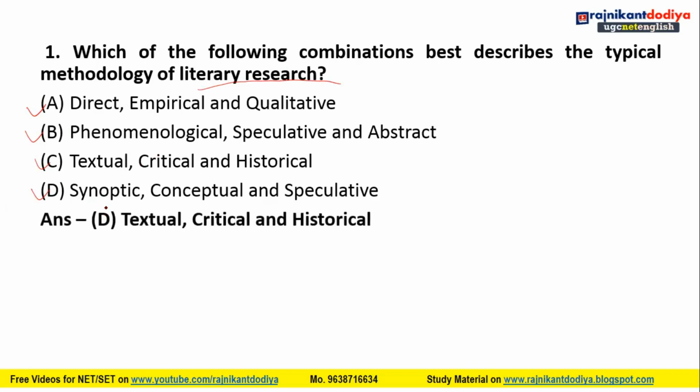Sorry, the option is written here wrongly. It is C, textual, critical and historical. Option number C is correct here, friends. Textual, critical and historical. Because in textual research, we have to read the texts of literature.